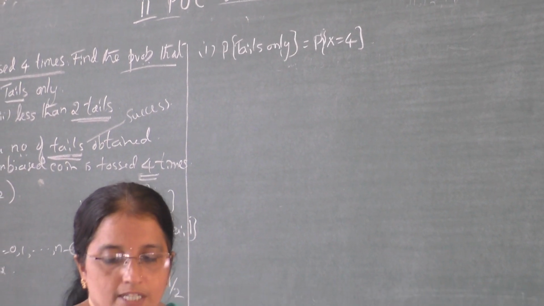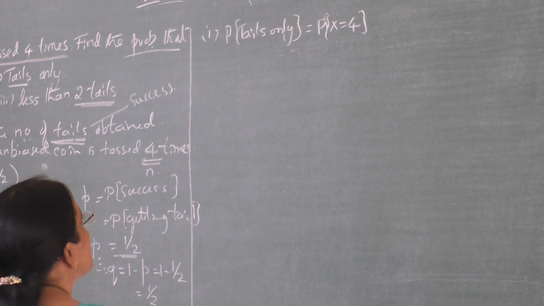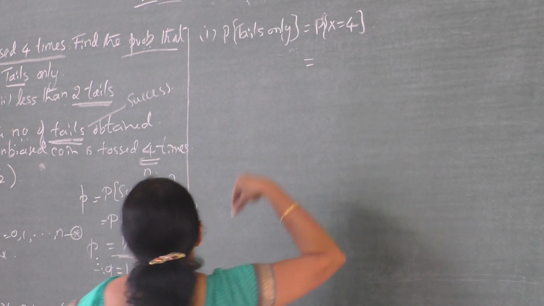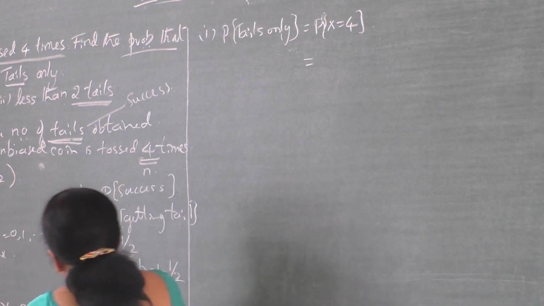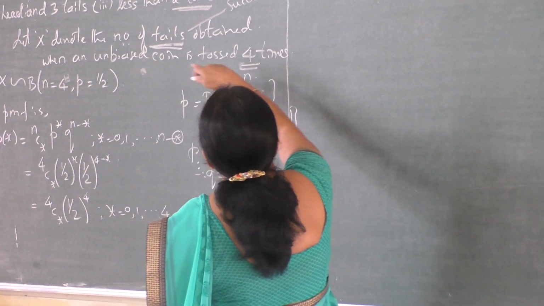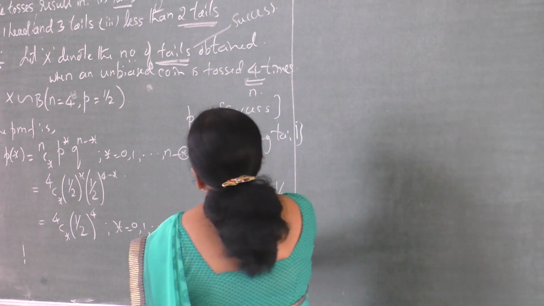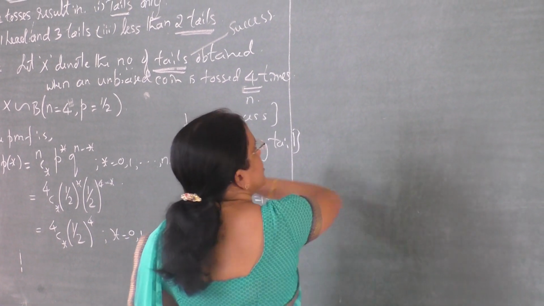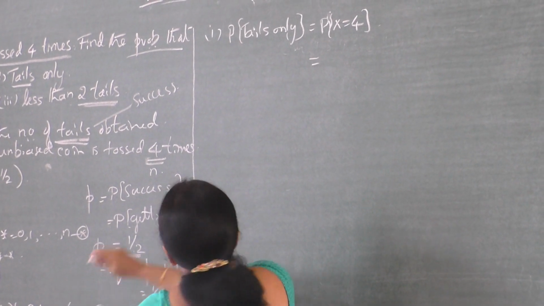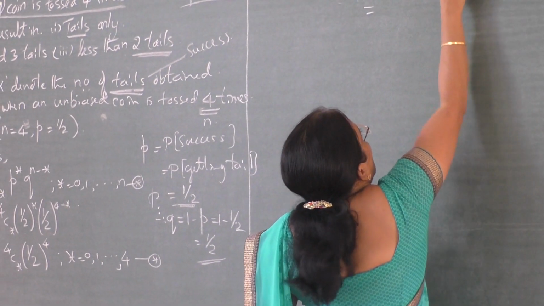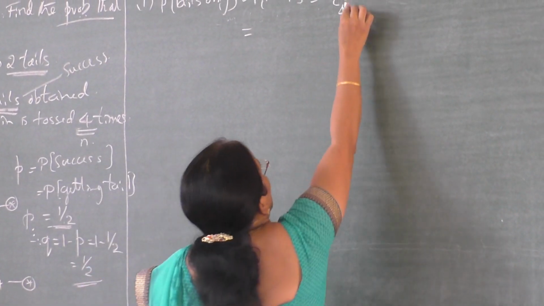Next, substitute the values in the probability mass function. Now put x equal to 4 in the probability mass function. To solve all three problems, we must always substitute the values of x in the probability mass function. So this is the base. P of x equal to 4, so 4Cx becomes 4C4, into half power 4.